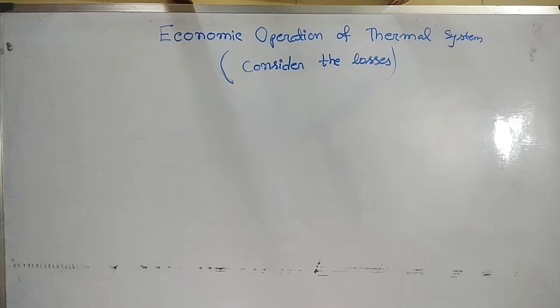So it is obvious that when losses are present, we can no longer use the simple equal incremental cost criterion which we derived in our previous video. Consider a simple system in which all the generators at each bus are identical.